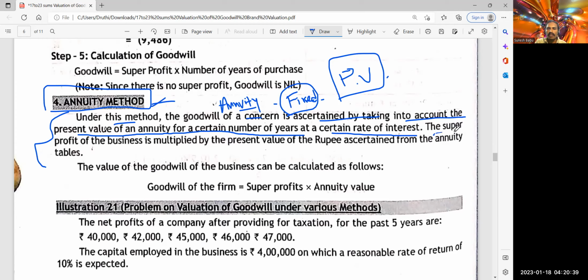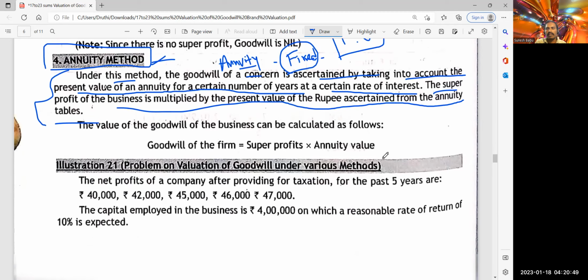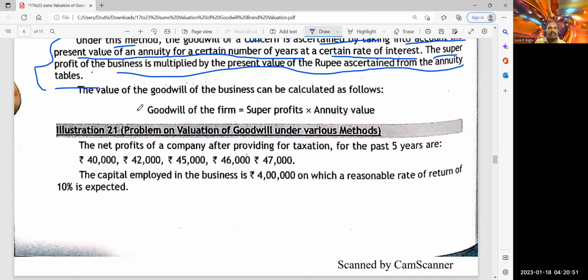Usually the super profits of the business are multiplied by the present value of the rupee ascertained from the annuity tables. That is the method. So what is the goodwill under this method? Goodwill of the firm is equal to super profits into annuity value. That's it, simple. So how to get super profits?